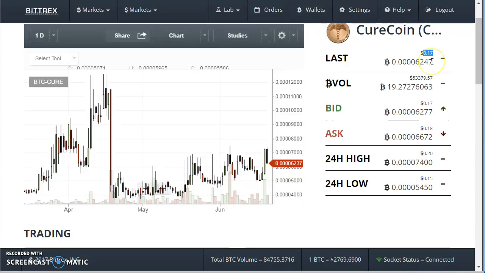Now you may hear people refer to the term Satoshis. I can say 0.00006247, I could say 17 cents, or I can say CureCoin is also trading for 6,247 Satoshis. It just depends upon what unit you want to refer to them as.